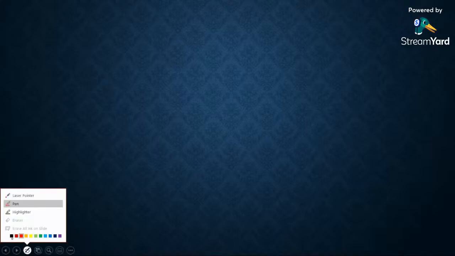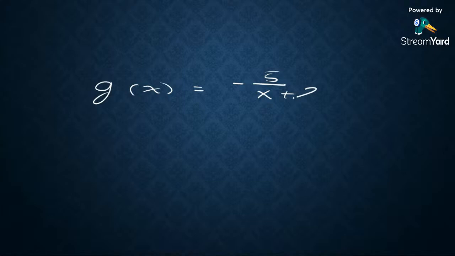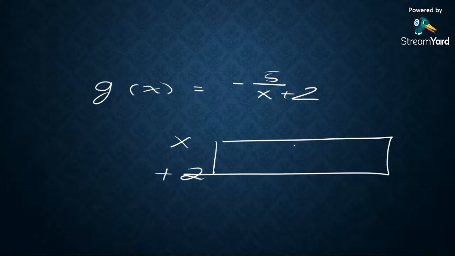On that particular page, as you saw, the problem was, and let me change my color so it looks a little bit better here, there we go. It was g of x is equal to -5 over x plus 2. Now, if we do the box method for division, you end up with x and plus 2 on the left-hand side, and then we have our table.